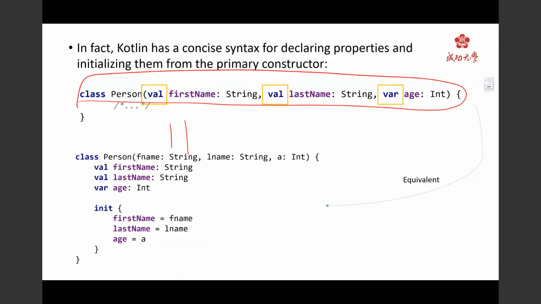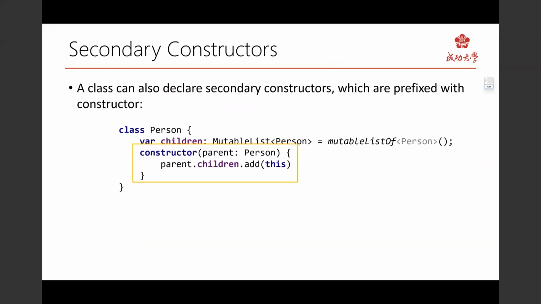This is exactly what the primary constructor is for. It's for defining properties for a class and initializing the properties as well. That's the main purpose of the primary constructor of a class in Kotlin.